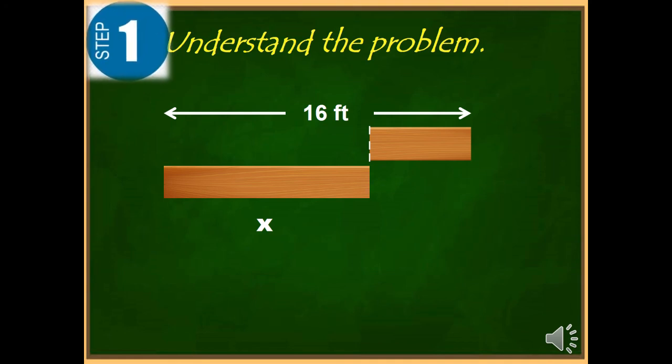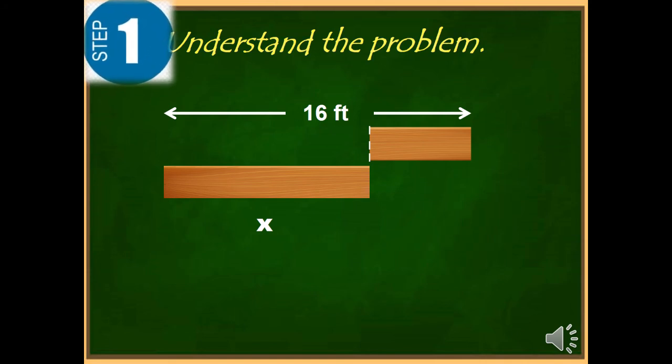For you to be guided, please draw a piece of wood on your paper that has a length of 16 feet, and this will serve as your visual illustration. Divide the wood into two in which one is longer than the other. We will find the length for each divided piece of wood.